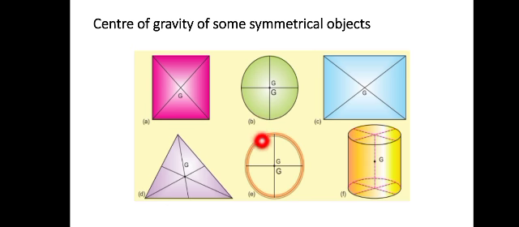Similarly, if a sphere is hollow, then its center of gravity will also lie at the center. Now in figure D, the center of gravity of a uniform triangular sheet is the point of intersection of its medians.